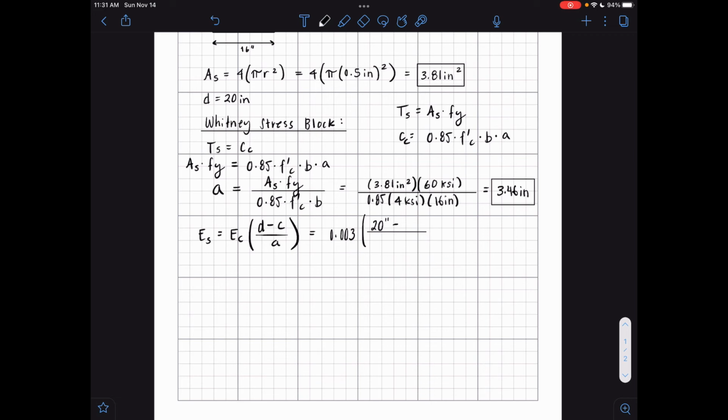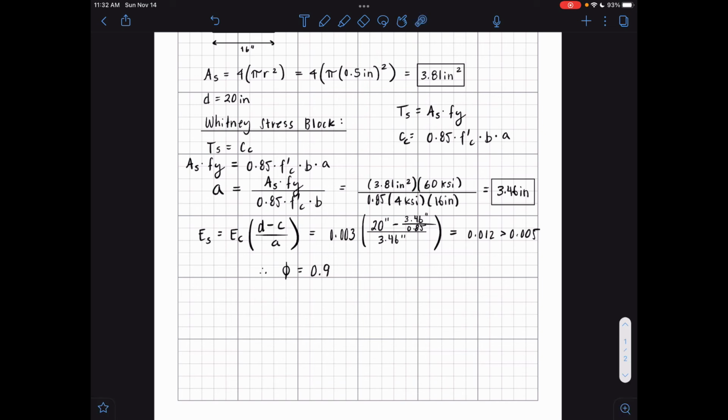So c is going to be 3.46 inches divided by 0.85. This is going to give you 0.012, and this is greater than 0.005. Therefore, we can establish that phi is equal to 0.9.